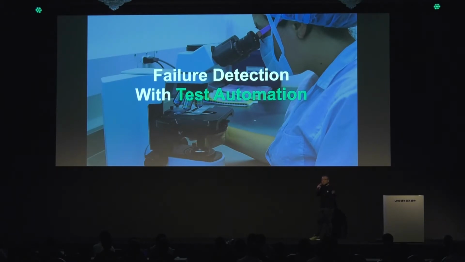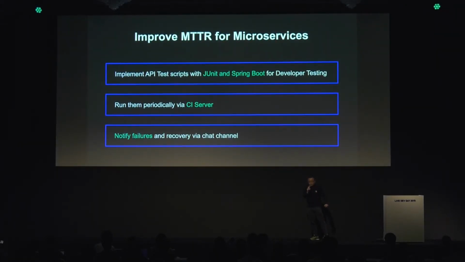So let me talk about what we did as countermeasures. Firstly, I would like to talk about failure detection with test automation. What we initially did is to improve MTTR for microservices, and we tried to utilize test automation. Specifically, this is developer testing.